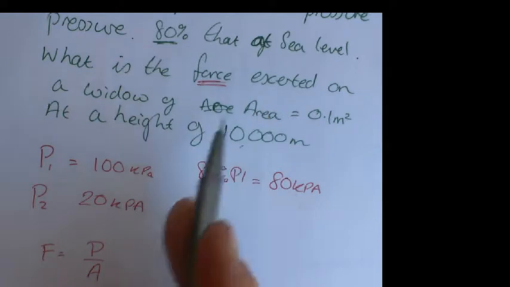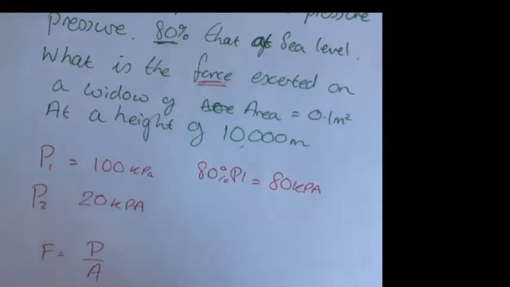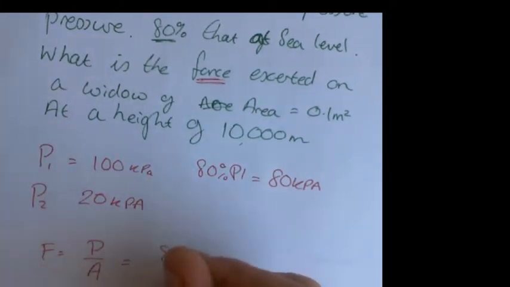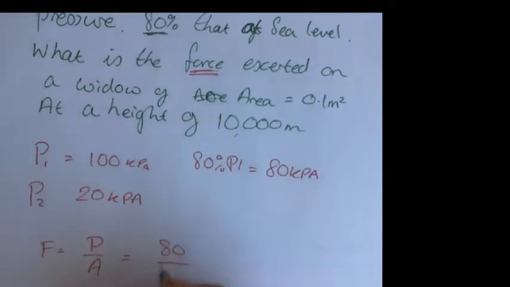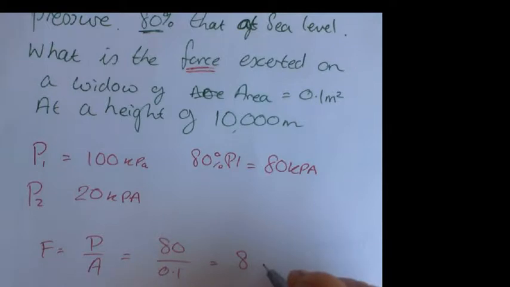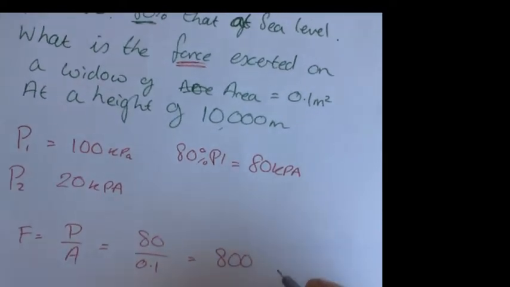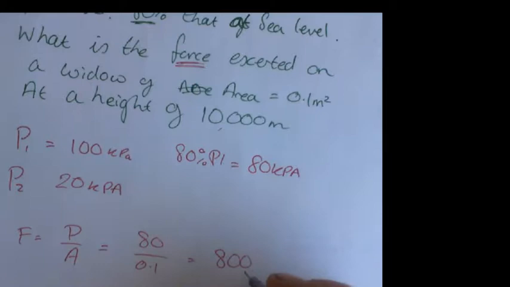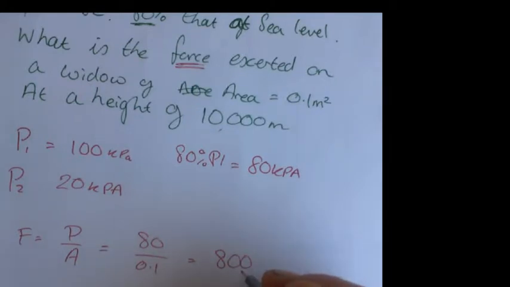So I'm going to need to use the equation F equals P over A. If I know the difference in pressure and I know the area, I can work out the force. So I'm going to do 80 divided by the area, which was 0.1. Sorry, I got that slightly wrong.